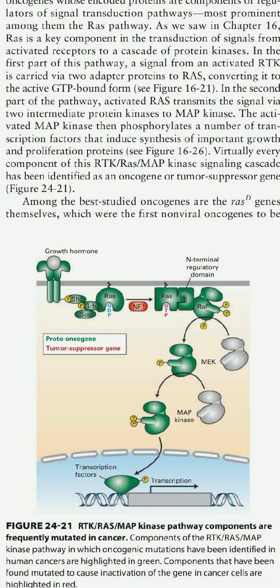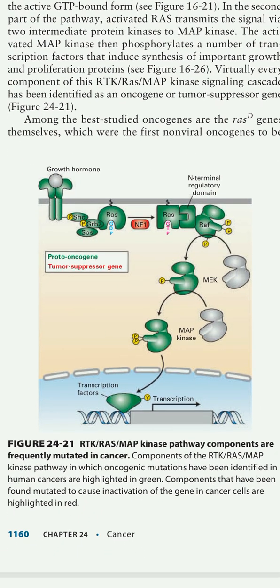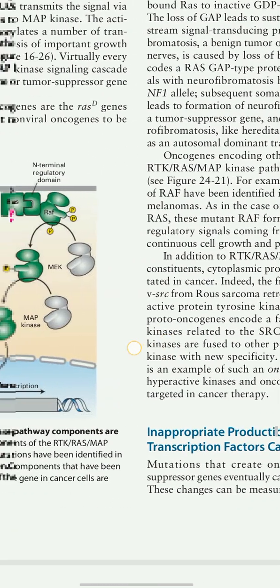Proto-oncogenes are represented by green. Tumor suppressor genes are represented by red. So RAS is in its GDP-bound form, and a tumor suppressor gene is associated with that. Then the N-terminal regulatory domain is there. MEK, MAP kinase, transcription factor, transcription, etc. can be seen.